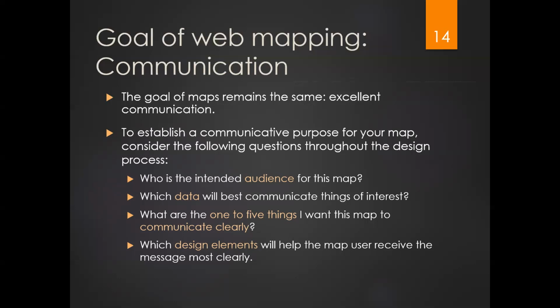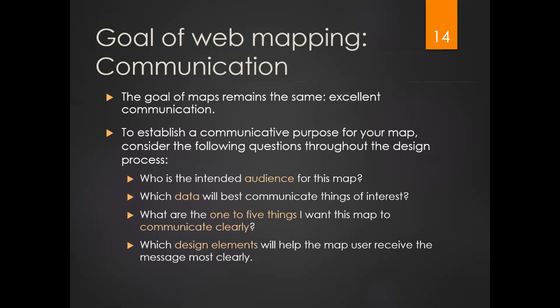Okay, who is the intended audience for this map? Which data will best communicate things of interest? What are the 1 to 5 things I want this map to communicate clearly? Right? You cannot put too many variables in one map. And which design elements will help the map user receive the message most clearly?